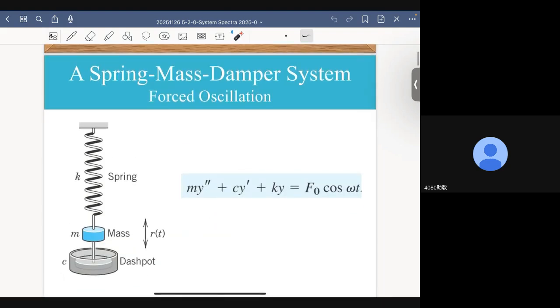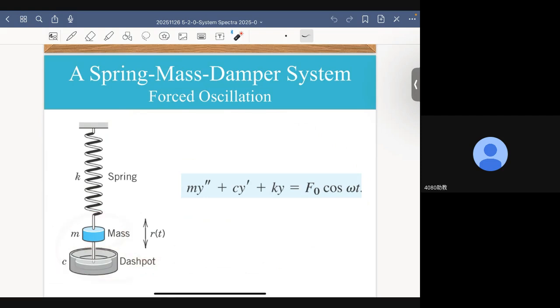Remember that we saw this spring mass damper system before, under the condition of force excitation, which means there is an external force, F(t), applied to this mass, all right?